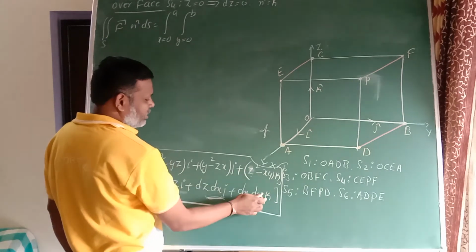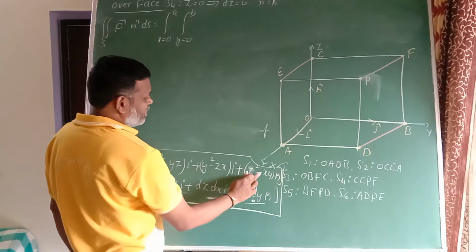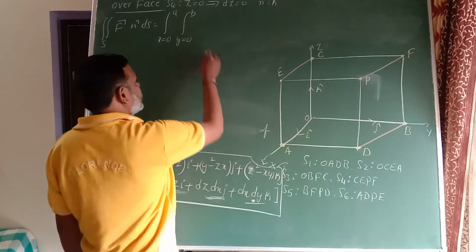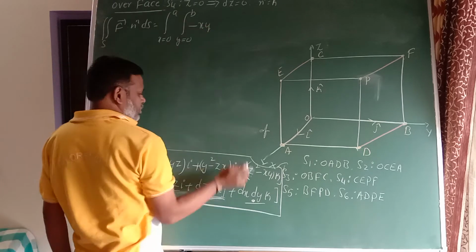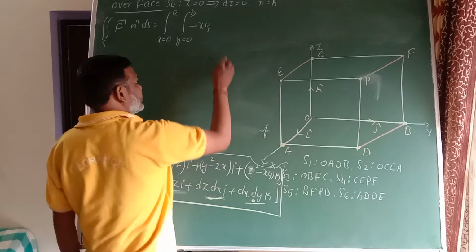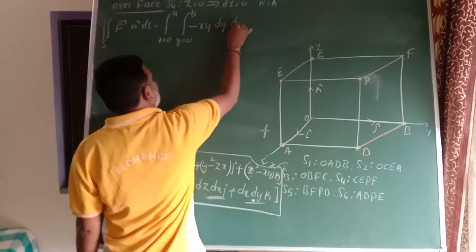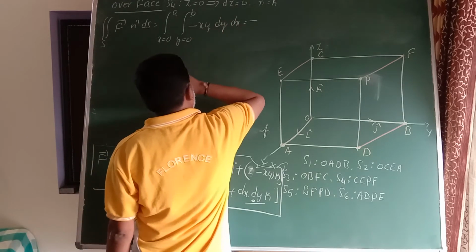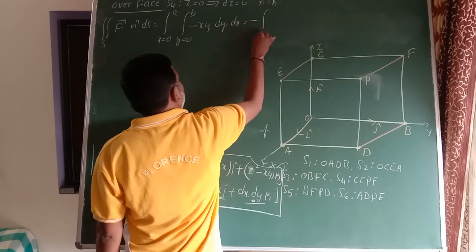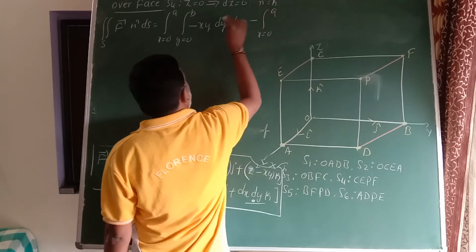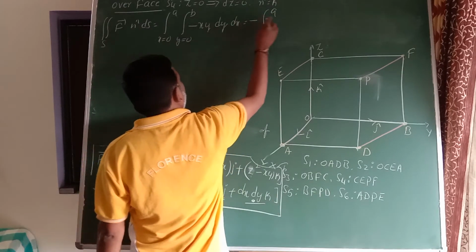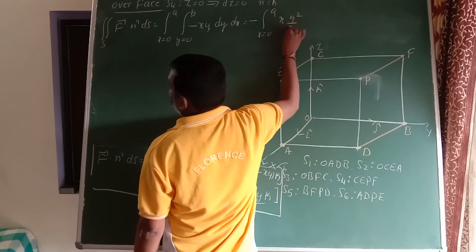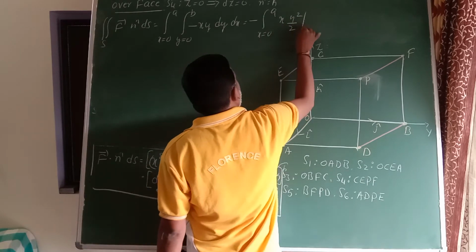Then k cap is k itself, k dot k is 1, z is 0. What is the remaining thing here? Minus xy dx dy. We can write it as dy dx. So take the minus outside, x from 0 to a. Integrate y: x into y is y square by 2 from 0 to b.